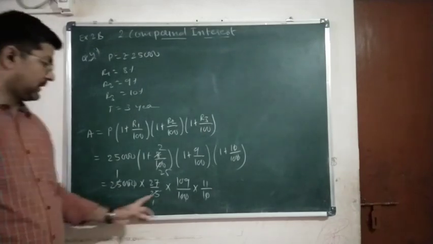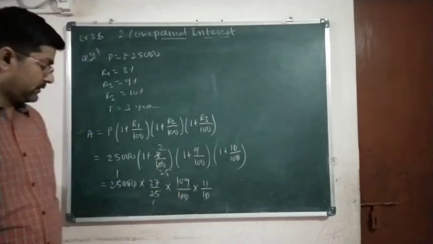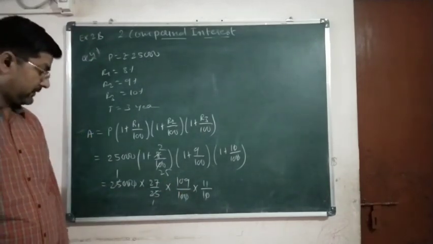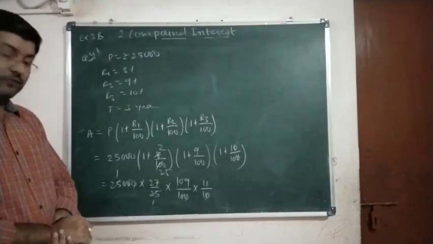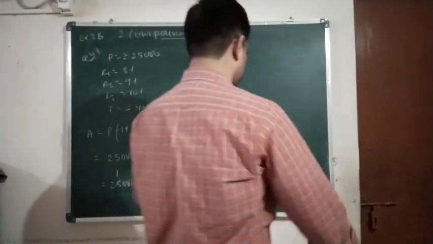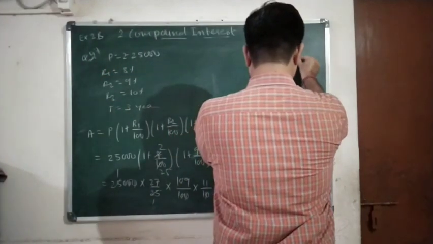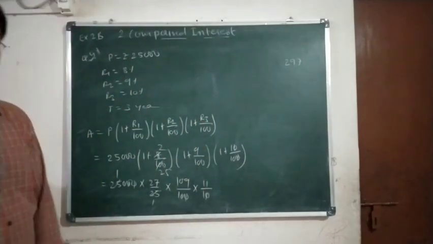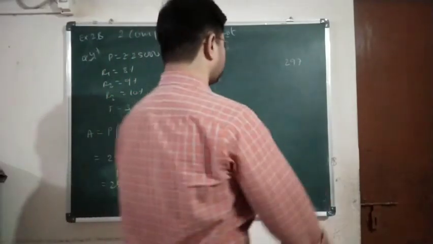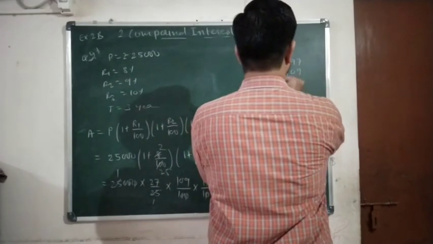and this 25 ones are. So now we have to multiply 109 into 11 into 27. Okay, so 270 plus 27 will be 297. 27 into 11 will be 297 into 109.